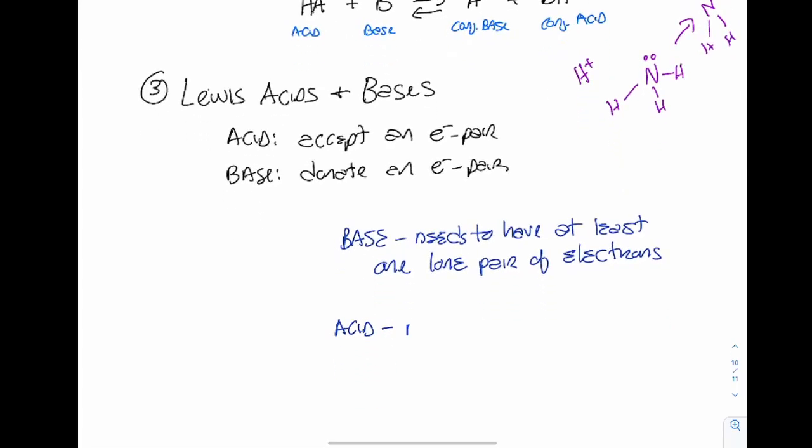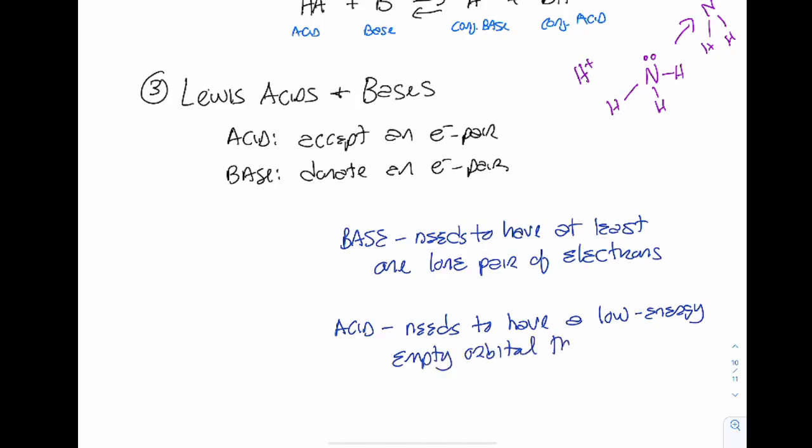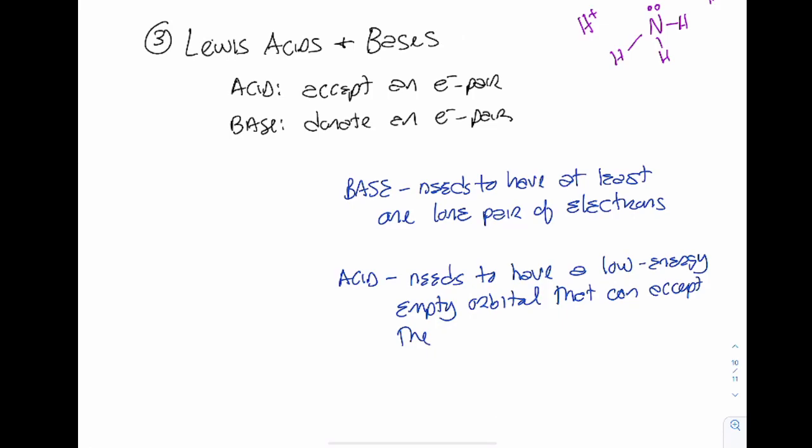So what it needs to have is a relatively low energy empty orbital that can accept the electrons. Or a polar bond to hydrogen.